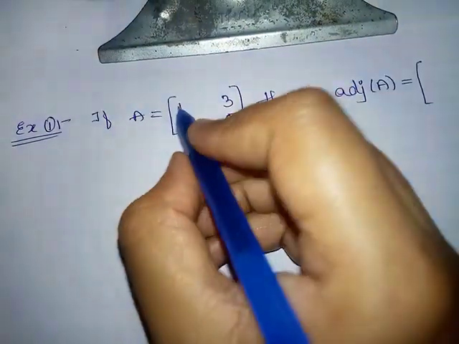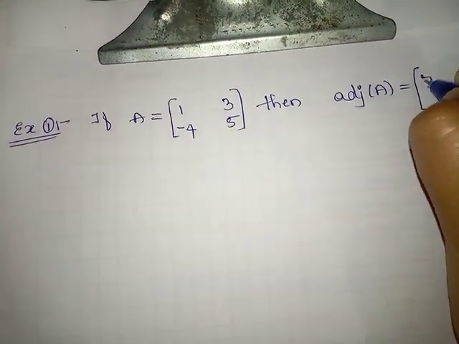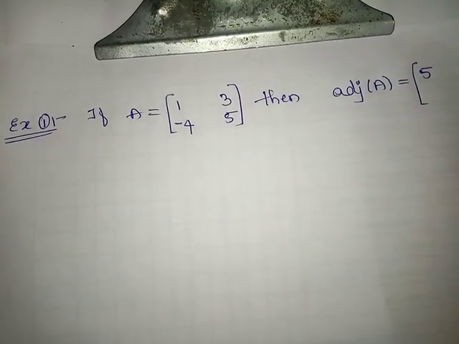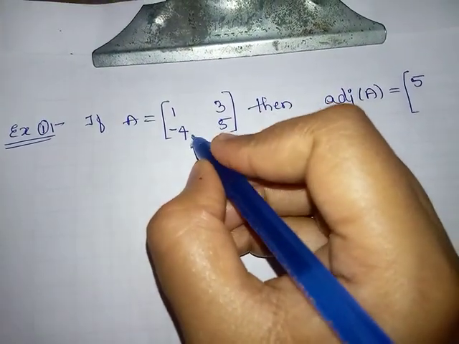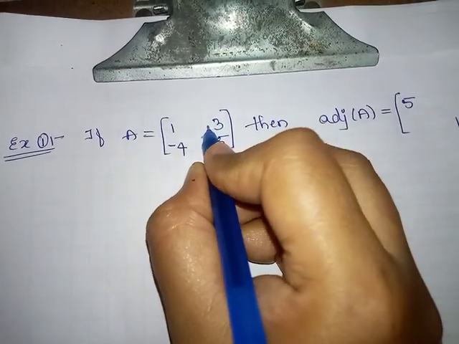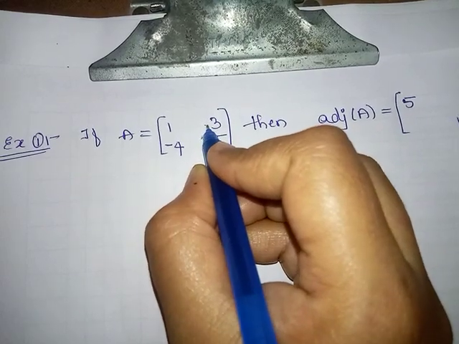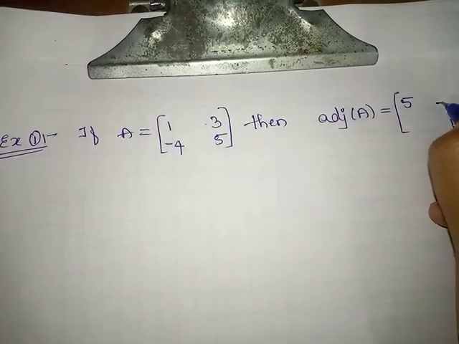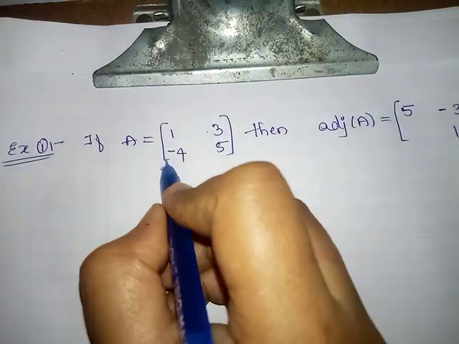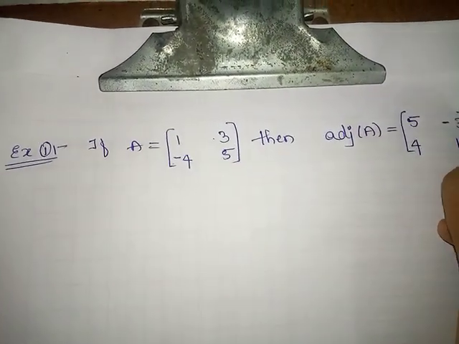We have to interchange the diagonal elements. Therefore here it is 5 and here it is 1, and change the sign of the non-diagonal elements. Here it is positive, so it will be changed to negative. This is a minus 3. Here we have a negative sign, it will be positive. 4 means it is 4 only.